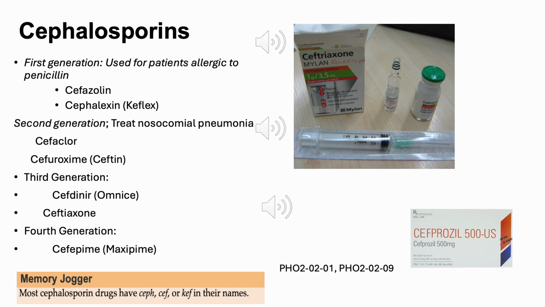Most of your cephalosporin drugs have a CEPH, a CEF, or a KEF in their names. The cephalosporins are known to treat gram-positive bacteria. With antibiotics, they are part of that A pinch.